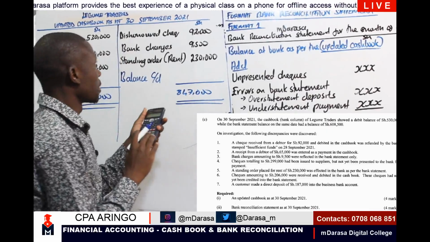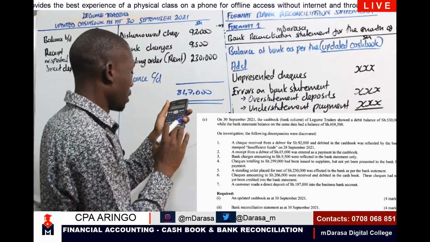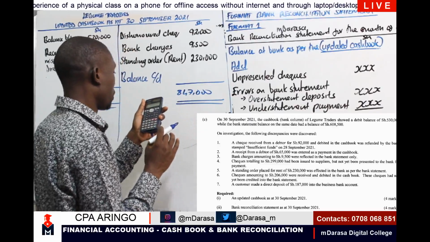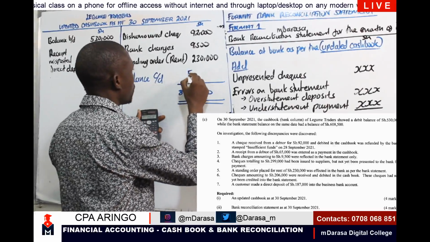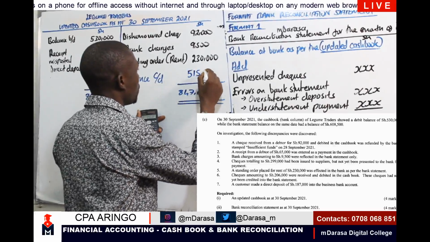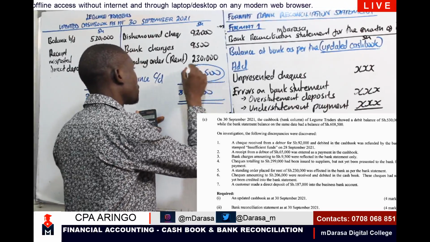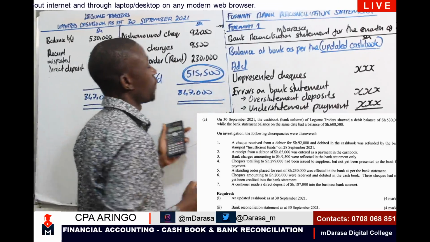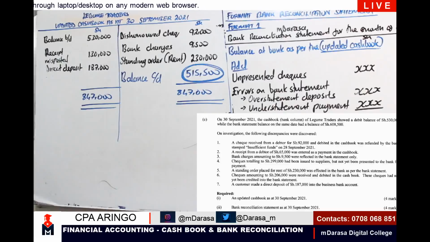We less 92,000, we less 9,500, we less 230,000 to give us a figure of 515,500. So now this will be our updated cash book balance: 515,500. Kindly make sure that we are on the same page.